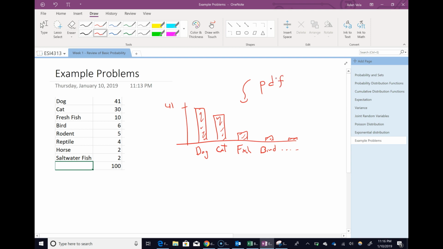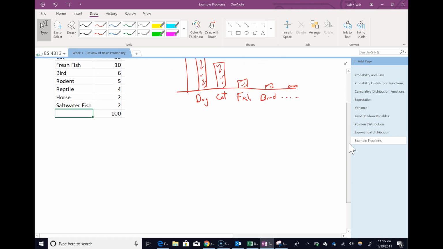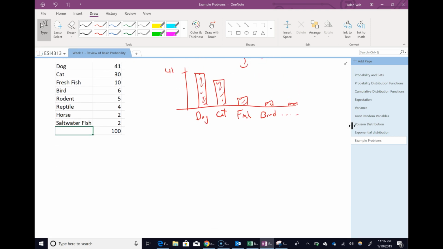Now let's do a few problems that we've discussed in class. One of the standard problems that we asked was, what is the probability that you own a dog, given that you own a mammal?